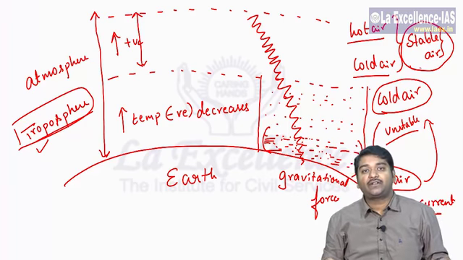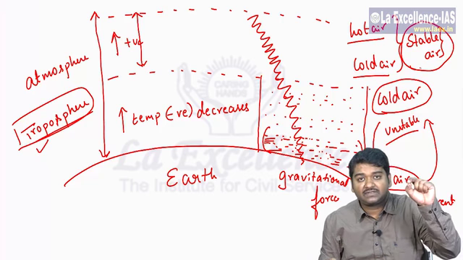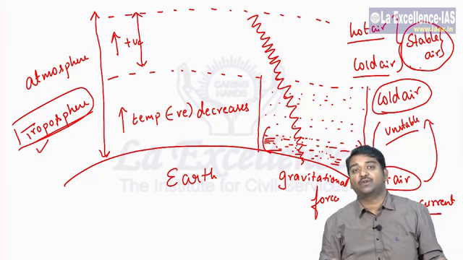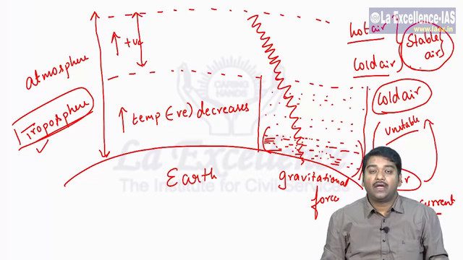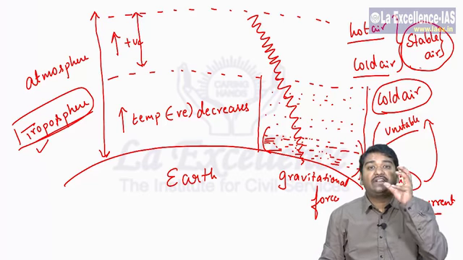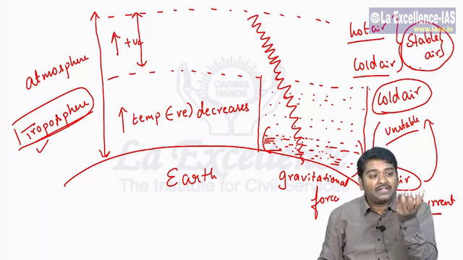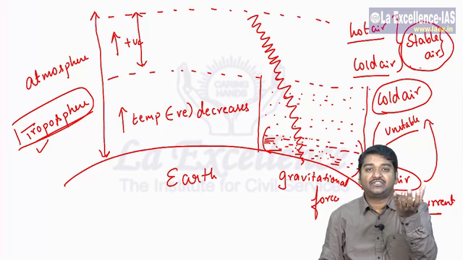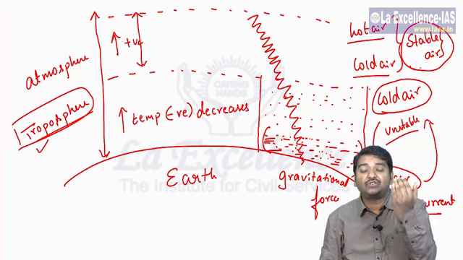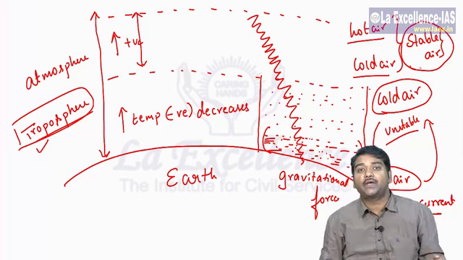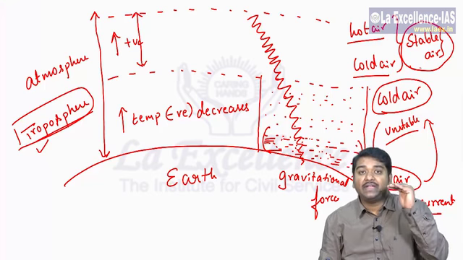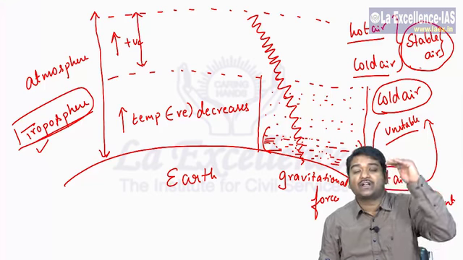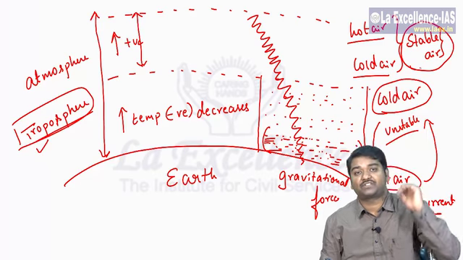Second important factor, sun's rays, when it enters into the atmosphere and Earth, it heats the Earth, and Earth, when it gets heated, it radiates its energy or conducts its energy to the particles which comes closer to that. So the air particles which are closer to the Earth will be heated, while those which are far off will not be heated much.